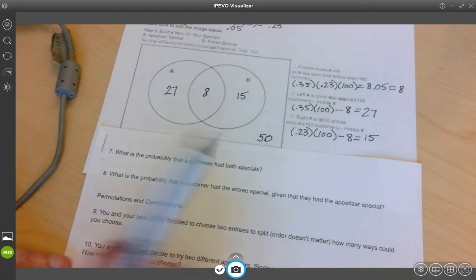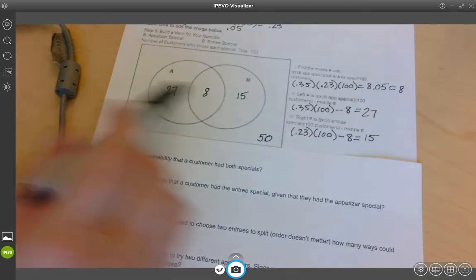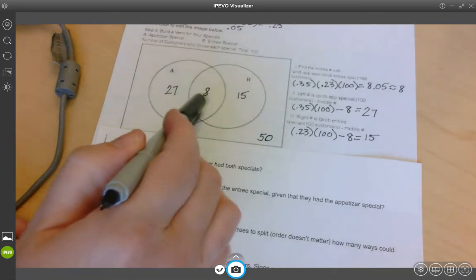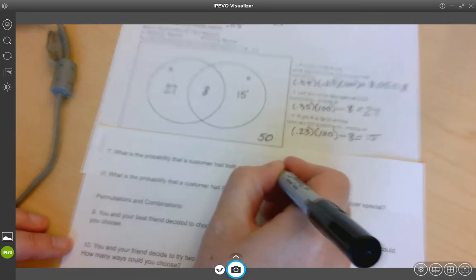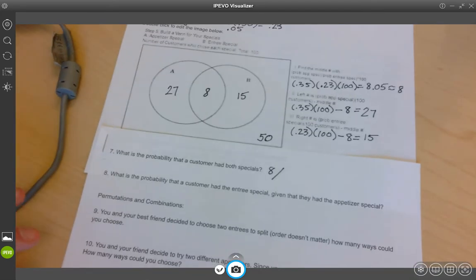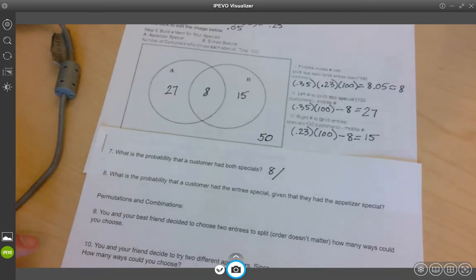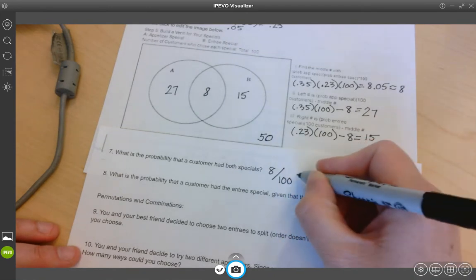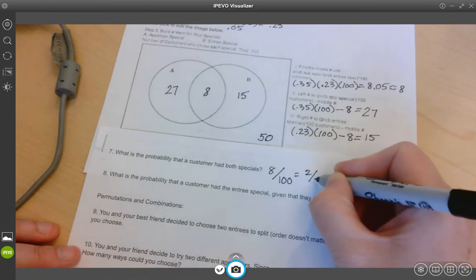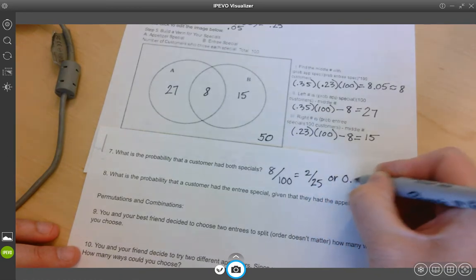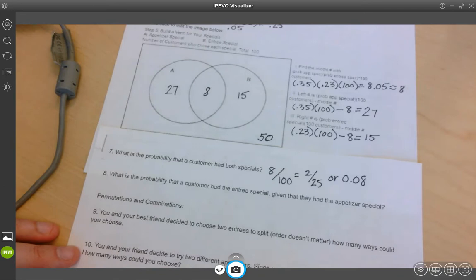So if they have to have both, how many are in the overlap between the two circles? 8, good. So there are 8 that had both out of all of the customers, which was how many altogether? 100, good. And then I saw some of you simplified that to 2 out of 25. Some of you made it a decimal, 0.08. I'm fine with either of those.